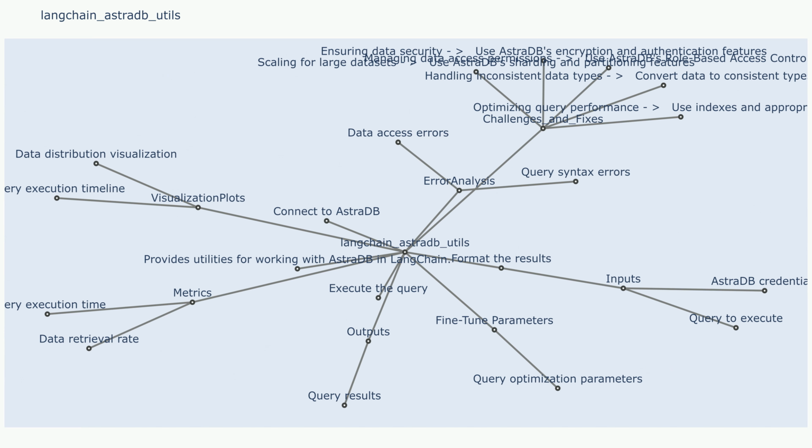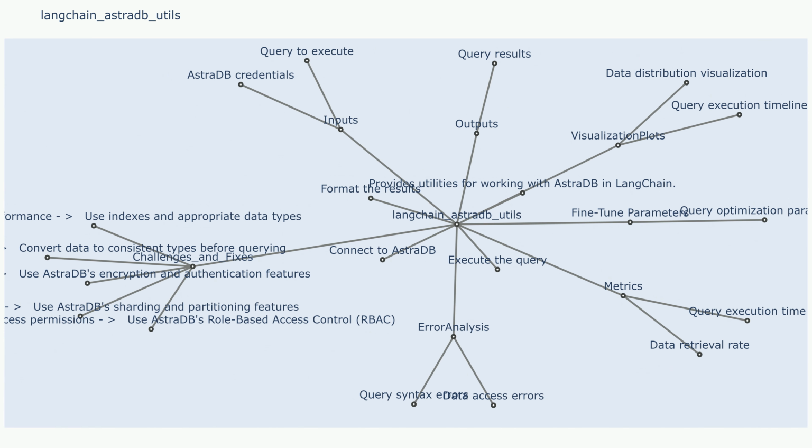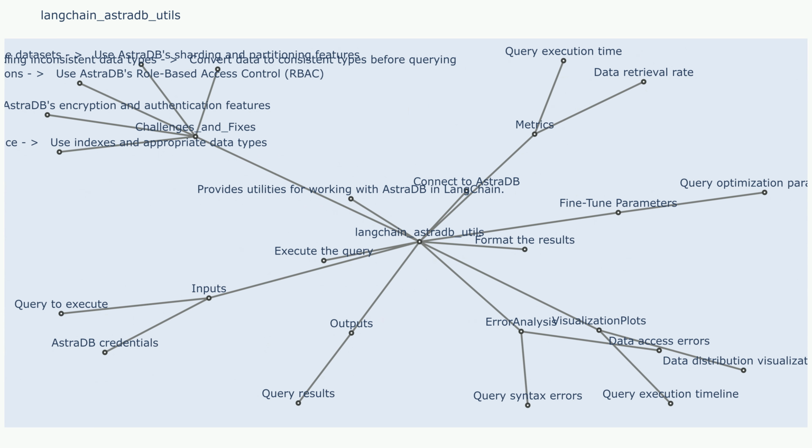Data: for tasks like inserting or updating data, you provide the data to be processed by the query. Langchain components: the utils can be used with various Langchain components, such as chains, prompts, and tools, making it easy to integrate Astra DB into your existing Langchain workflows.